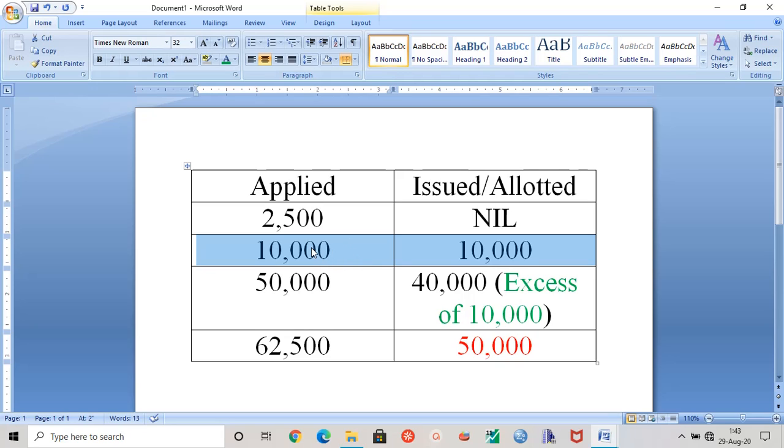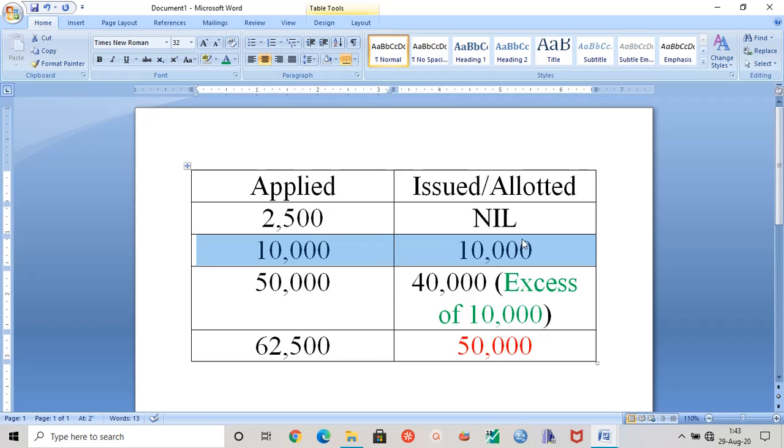He had applied for 200 number of shares, and his 200 shares were actually allotted. So he was from this particular category. If we divide into category 1, category 2, category 3, he belonged to this particular category.